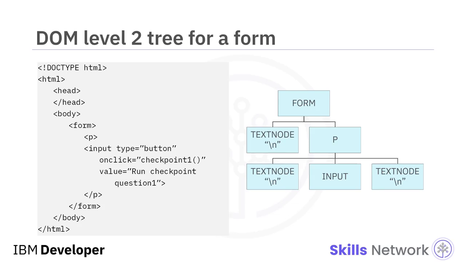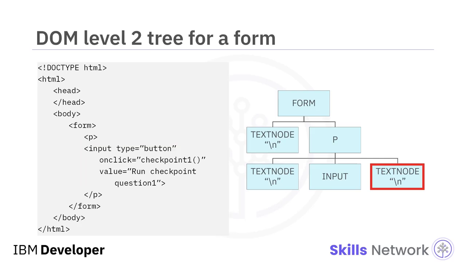The figure shows the DOM Level 2 tree for the form portion of the document. The line feeds between elements are text nodes and are part of the DOM Level 2 tree. The DOM Level 2 tree includes a line feed text node before the paragraph and input elements. The input element includes a text node that contains all the text that follows the input tag.